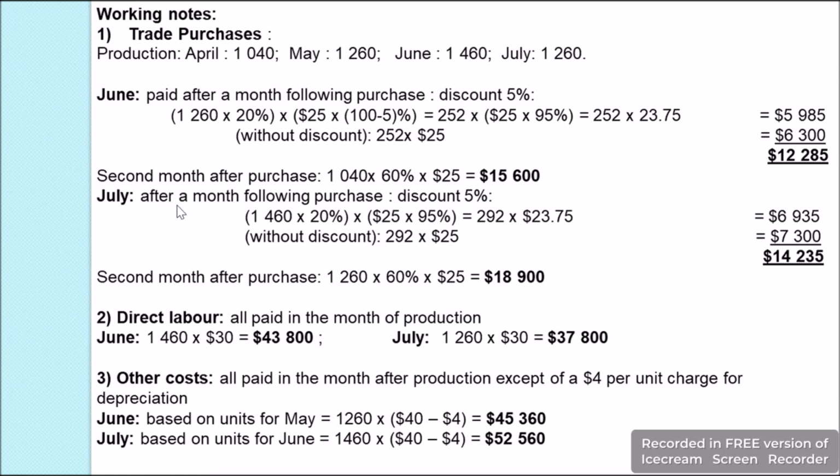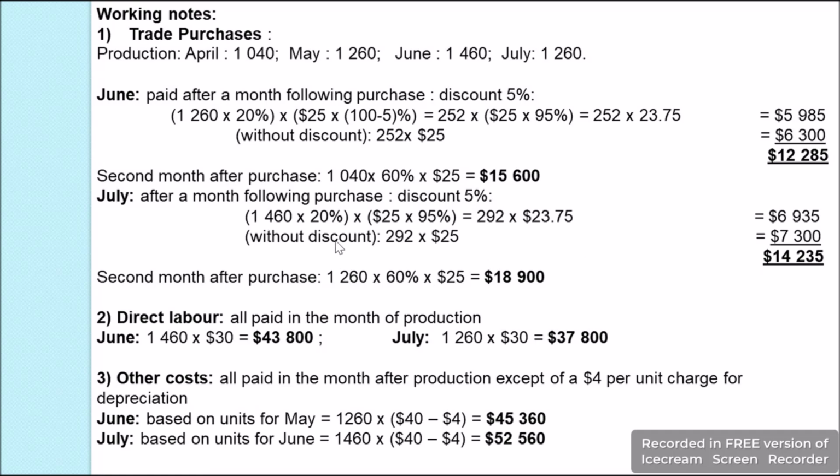Now the trade payable for the month of July. After a month following the purchases, we pay 1/5, that is 20%, and we get a discount of 5%. So the June purchases, which is 1460 units from the production budget, 20% of this will be 292 units, and we will get a 5% discount. So $25 times 95%, which will be $23.75. So when we multiply this, we get the value as $6,935.